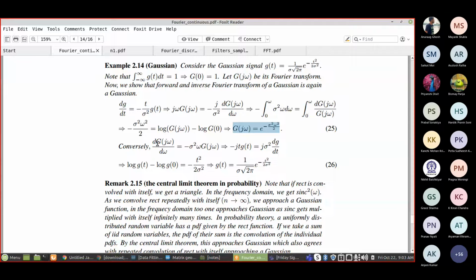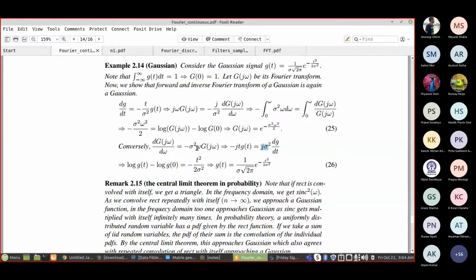Differentiation in frequency domain is the same as multiplication in time domain with this j factor and a minus sign. And multiplication by j omega in the frequency domain is differentiation in time domain. So this quantity in time domain is this. Since we are equating, these two must be the same.